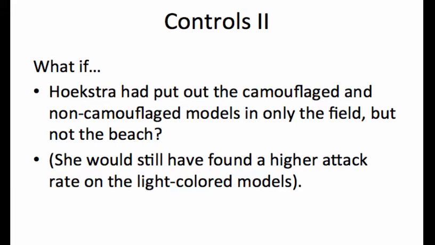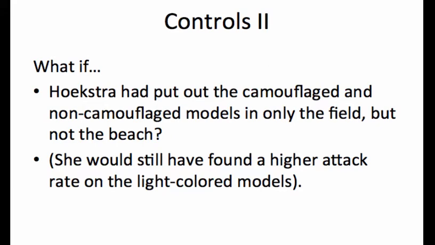Okay. Now thinking about things a little more critically, you might argue, and this is just kind of a total devil's advocate sort of thing, that these mice were painted different colors, right? What if there was something in that light paint, the paint they used to make the non-camouflage models, that was really attractive to predators? Maybe there was some kind of smell that comes out of the light paint that brings on attacks by hawks and foxes, right?